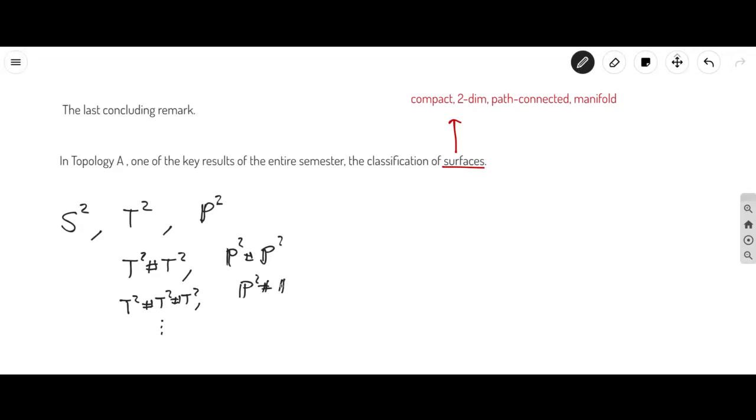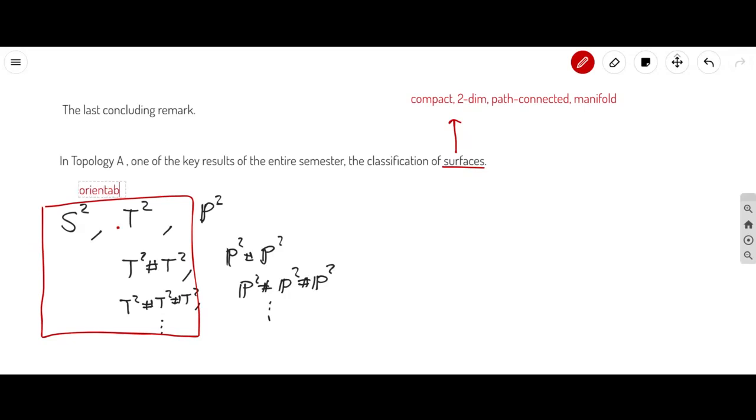You can take three copies of the projective plane, and so on. So that was the complete classification of all surfaces. You do not take connected sums with the sphere because the sphere is sort of like an identity for connected sums. And then we said that you call this the orientable surfaces, and you call the other types the non-orientable surfaces.